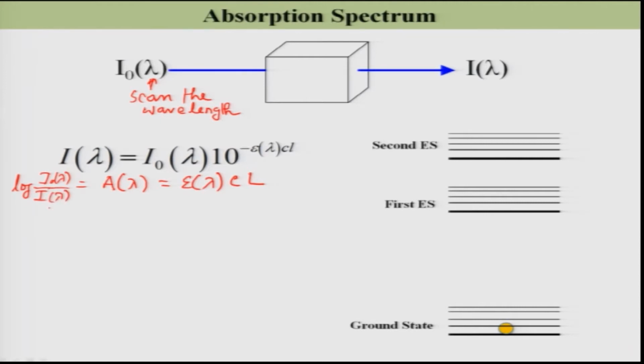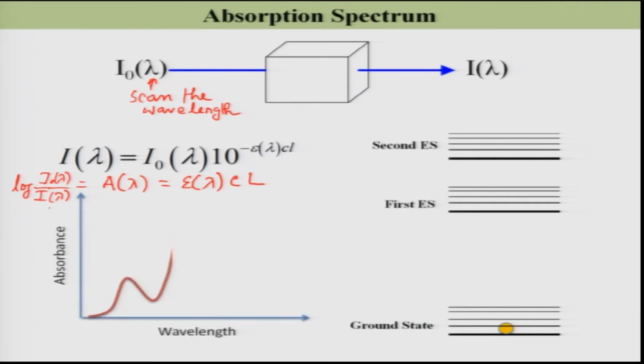So, when I scan this, what will I get? Somewhere there is a lot of absorption of the light, so the value of I is much smaller than I0. Here it is smaller than I0, here it is much smaller than I0, and where there is no absorption, I and I0 are the same.